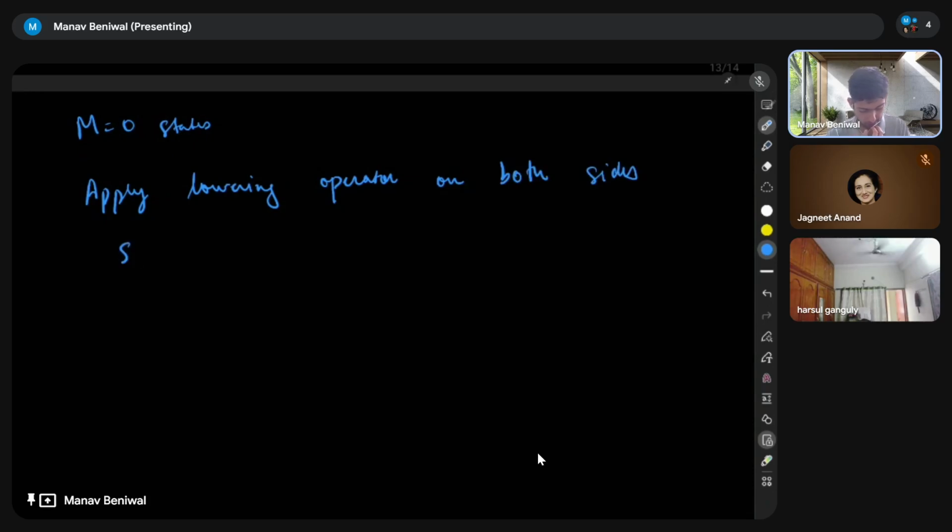So I'll write S minus, where this S is total, equals s1 minus plus s2 minus. On the left-hand side I'll apply S minus, on the right-hand side I'll apply this. And for any lowering operator in general, if I have some lowering operator J minus acting on the state j comma m, what does it do?